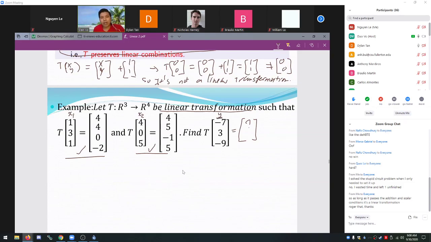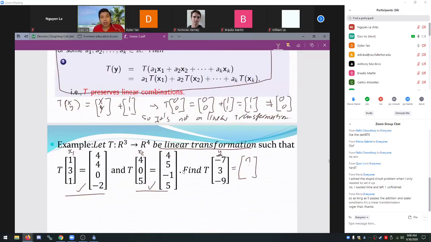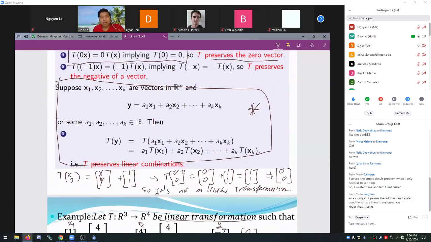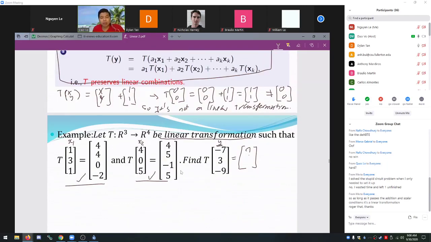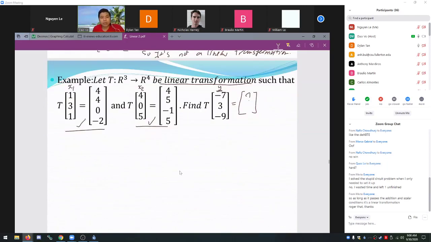If we can express y as a linear combination of x1 and x2, then according to property number 3, the transformation of y will be the same linear combination of the transformations of the x's. That's why property number 3 is so important: it helps us solve this kind of example without knowing the formula of the transformation. So that will be the plan that we're going to use.